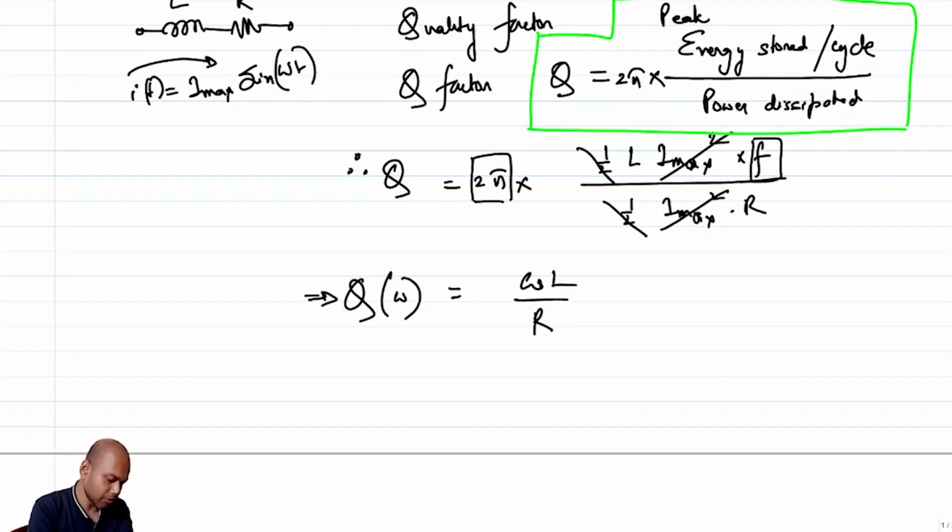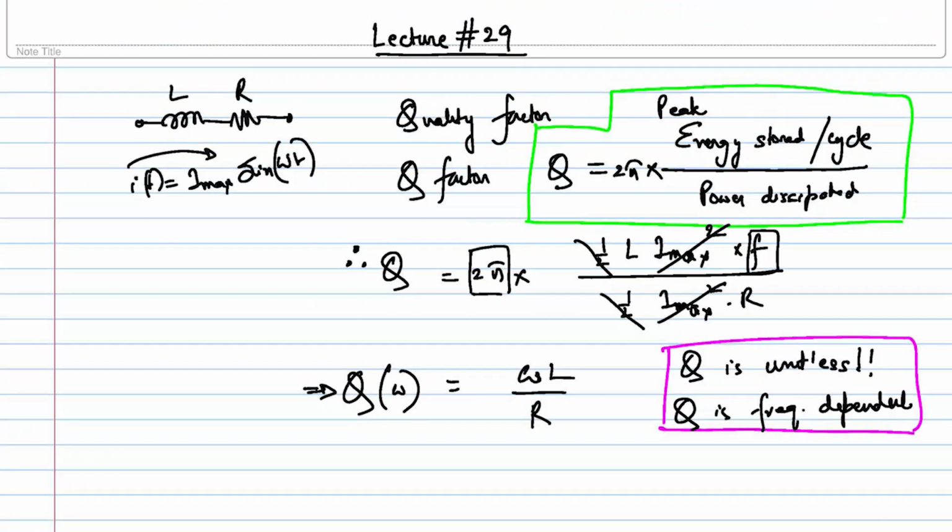Now there are some approximations of these Q factor expressions, or rather some specific cases of Q factor expressions.